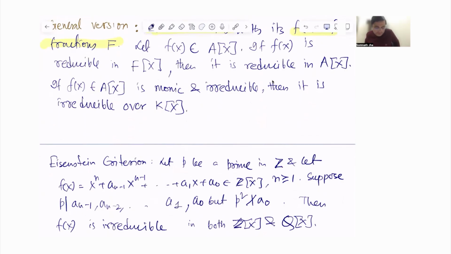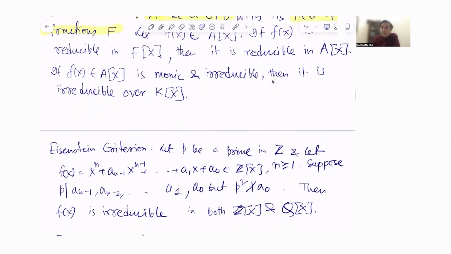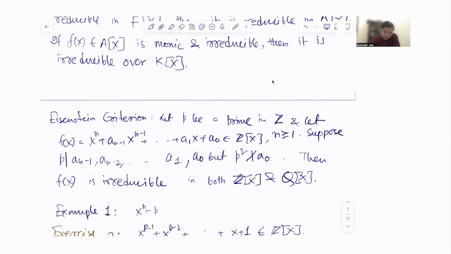So if you have a polynomial f(x), it is a monic polynomial and all the coefficients are divisible by p, but the constant term is not divisible by p squared. Then it is irreducible over Z[x] as well as Q[x].